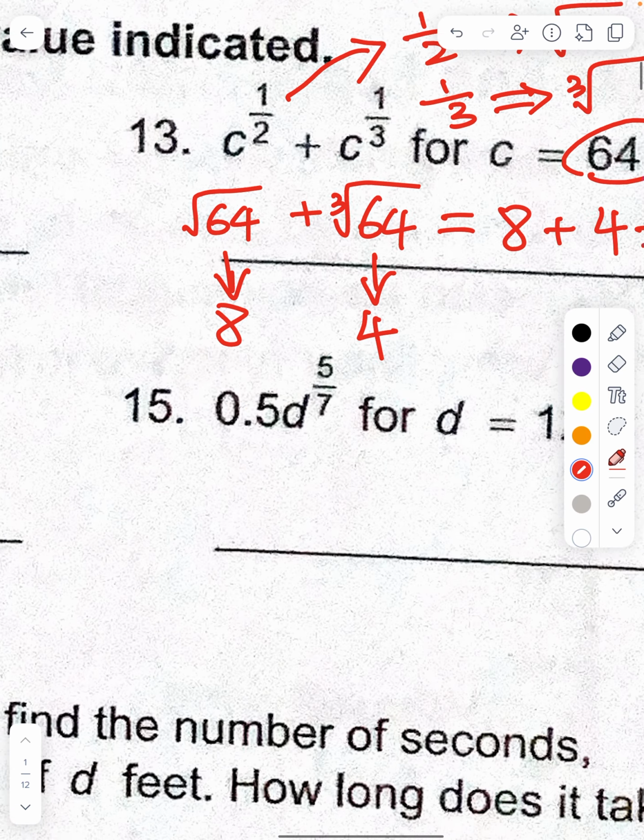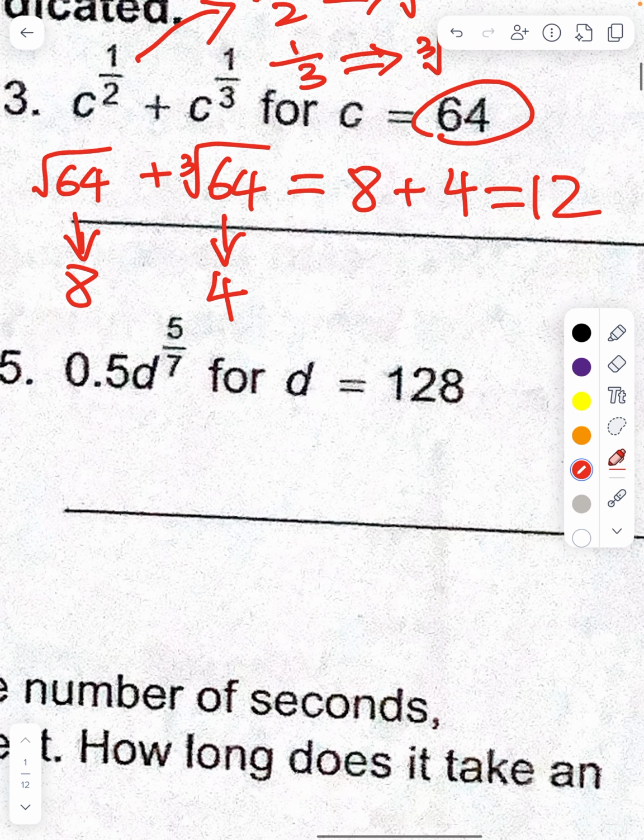All right, number 15, 0.5. So half. D equal to 128. So 0.5 times 128 raised to the power of 5 over 7. 128 is 2 raised to the power of 7, I believe.